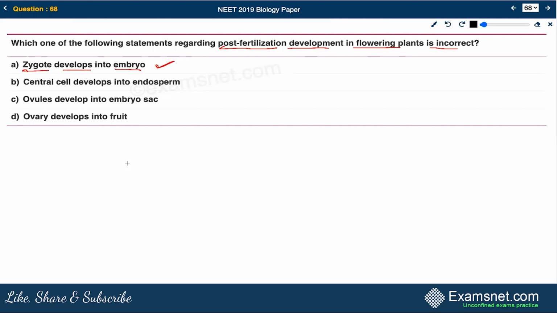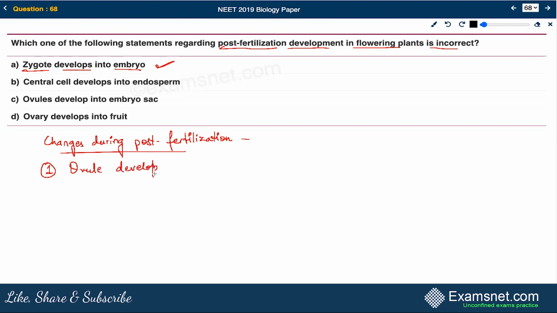All right. So let me tell you the changes during post fertilization. If I tell you, then it will be very simple. Ovule will be developing into seed after fertilization.